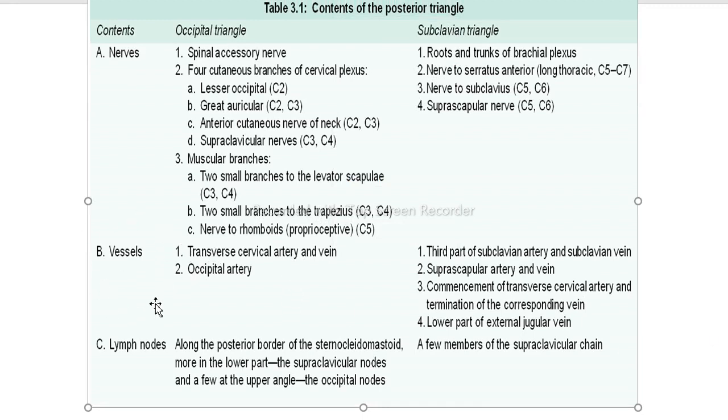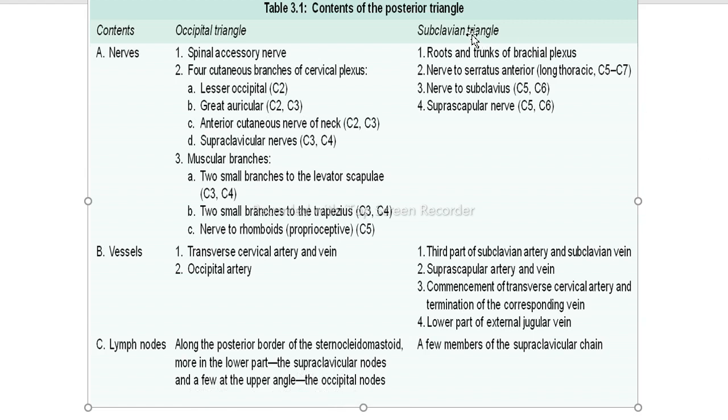And the vessels are the transverse cervical artery and vein and the occipital artery. And the lymph nodes lie along the posterior border of the sternocleidomastoid muscle, more in the lower part, that is the supraclavicular node, and a few at the upper angle, the occipital node.